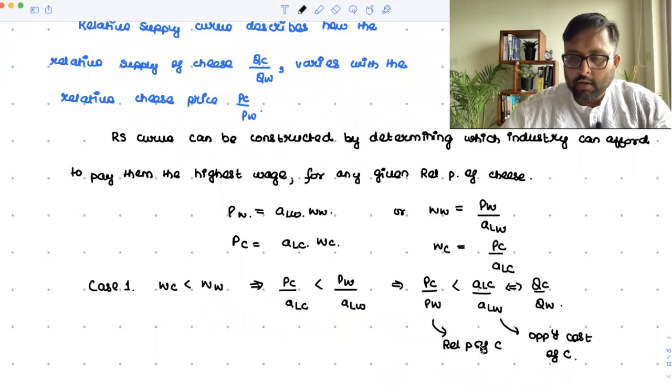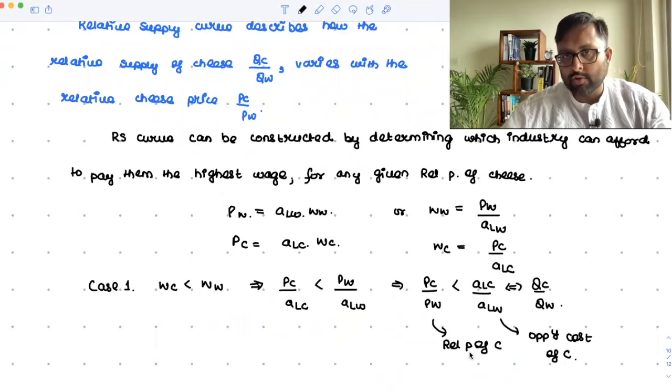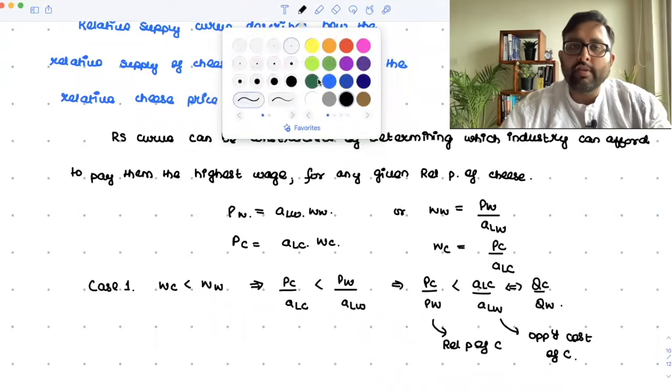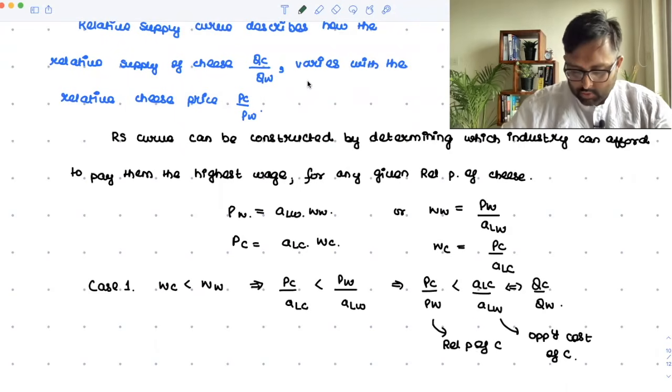If the relative price of cheese is less than the opportunity cost of cheese, it is not beneficial for you to produce cheese. You should be producing only wine. In very simple terms, the price you're getting for cheese is less than the cost of producing it. Why would you produce it? So the economy produces only wine.